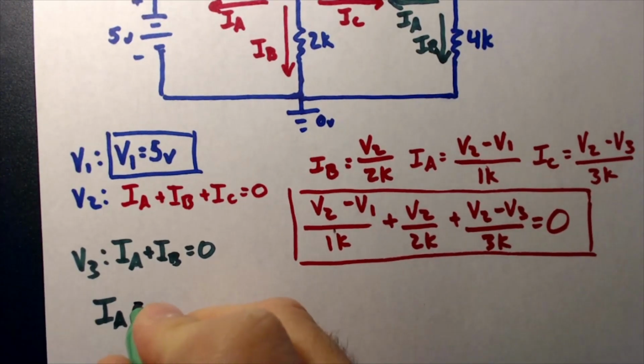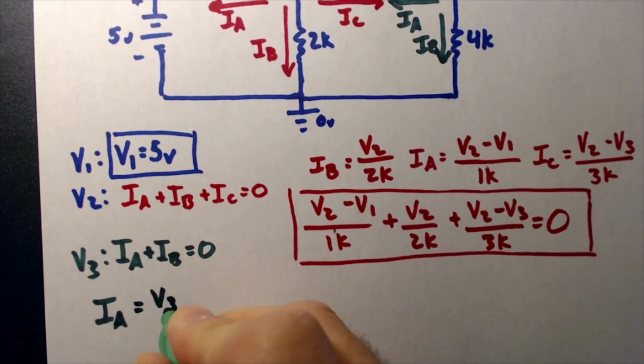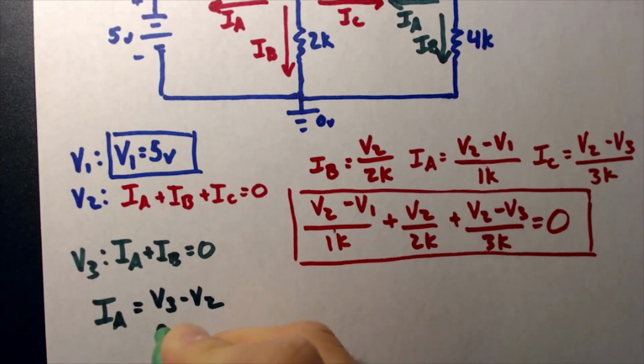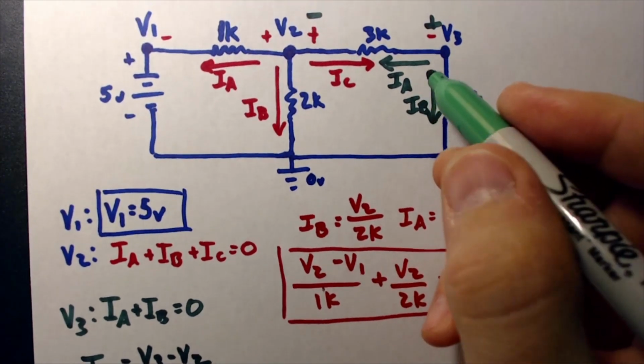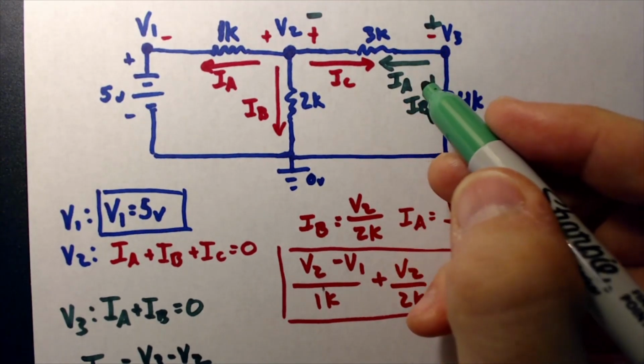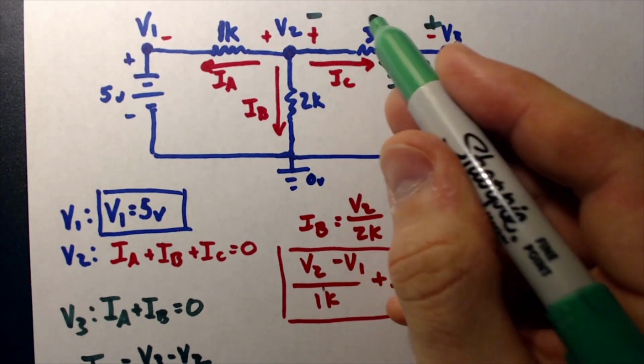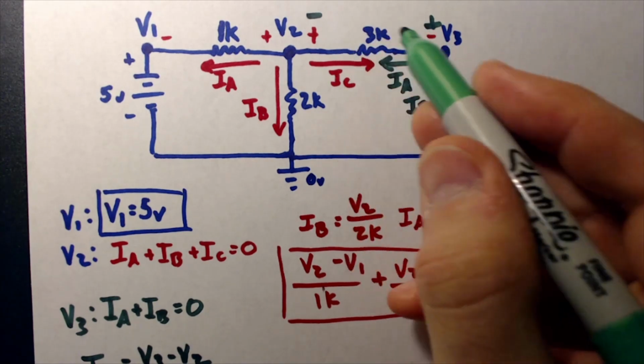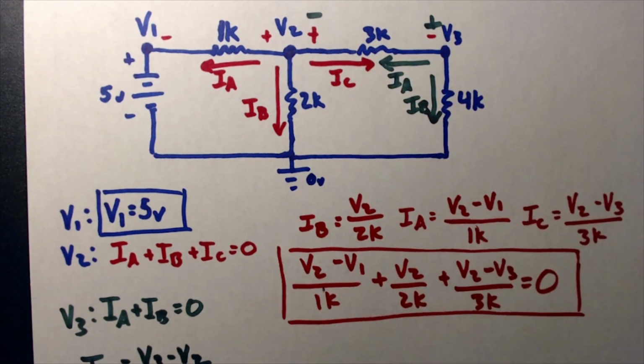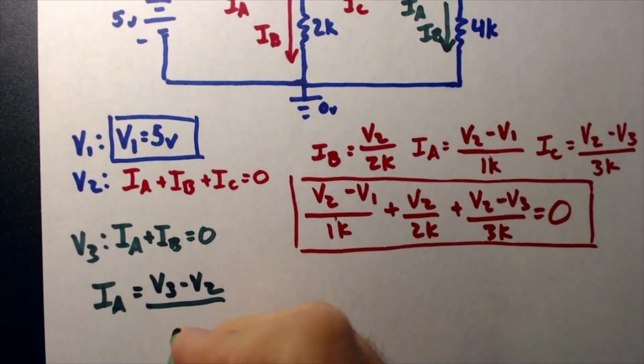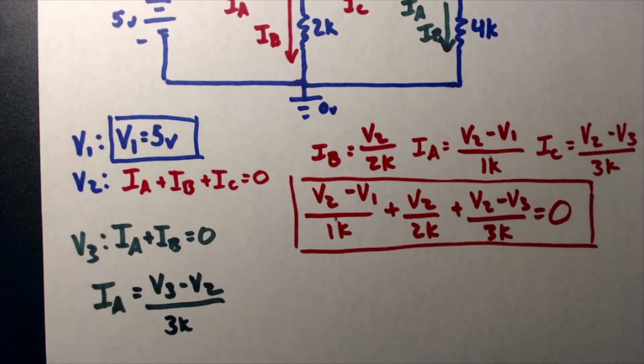So IA equals V3 minus V2. Now divide that by, well, for IA we're looking at the 3K ohms. So the voltage we just wrote is the voltage drop across 3K, so divide it by 3K. Gives us that current. Cool.